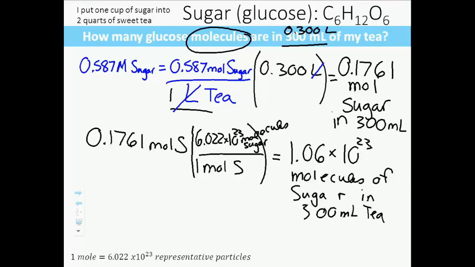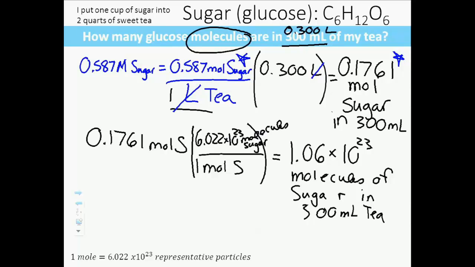So if we have less than a liter, we should end up with a number over here of 0.1761 that is less than the 0.587, and it's approximately a third less. And if you multiply those across, you see that's exactly what we got. So not only do we do those steps correctly, but our final answer makes sense.